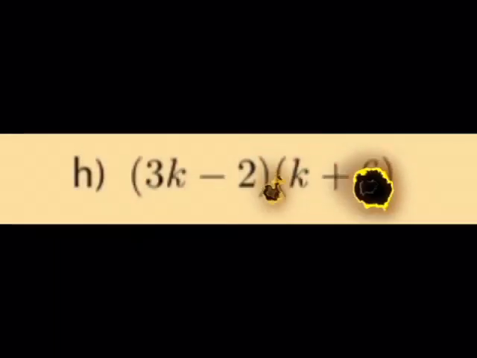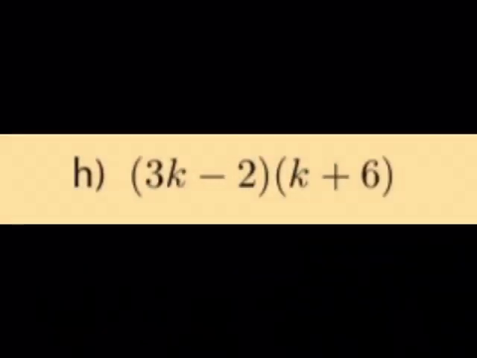Exercise H: (3k minus 2) multiplied by (k plus 6).